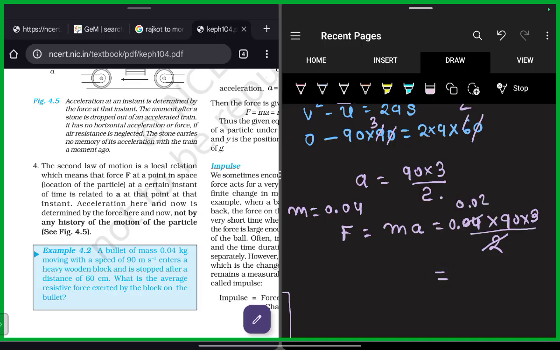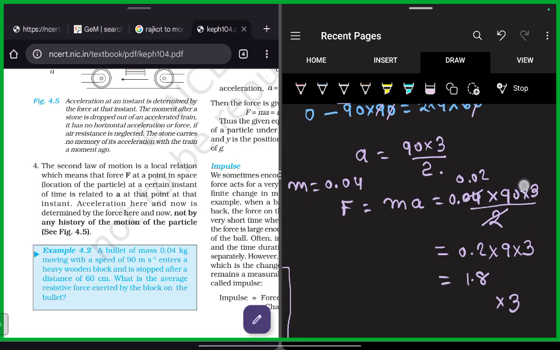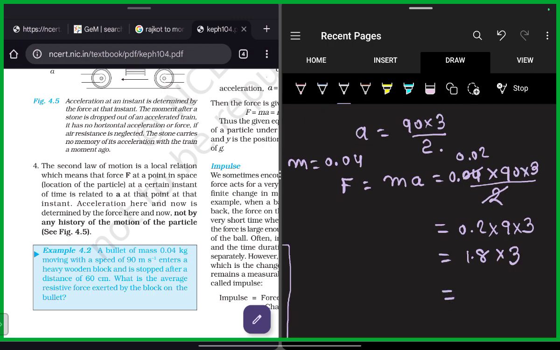So it will be 0.2 multiplied by 9 multiplied by 3, which is how much? So 1.8 into 3, 5.4. That gives us 5.4 Newton. That is our answer, right?